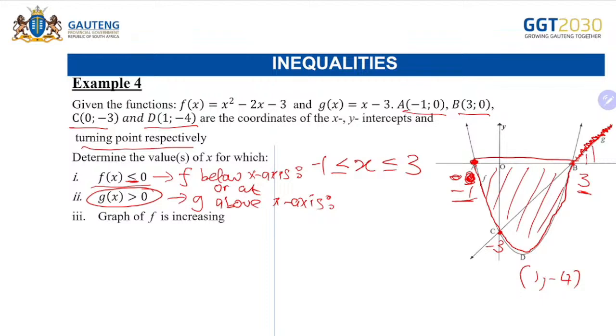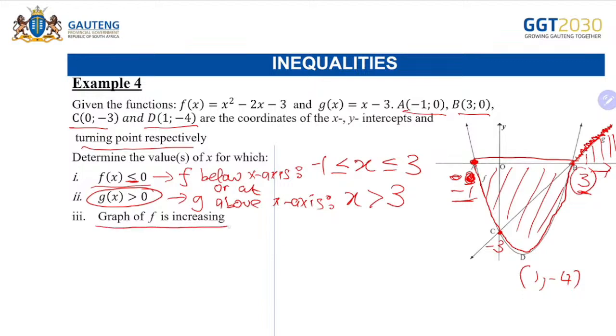So this region of the graph of g is above the x-axis. It's a region starting from 3 going that way, 3, 4, 5, 6, and so on. So starting from 3 going to the right, which means it's values that are greater than 3: 4, 5, 6, 7. Those are the values where the graph of g is above the x-axis.